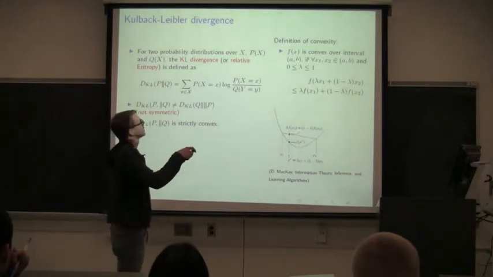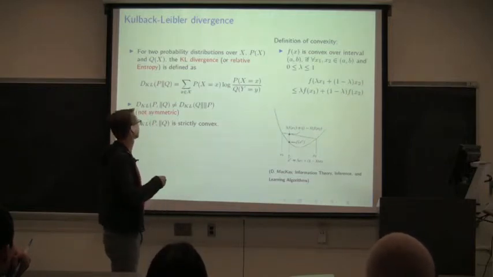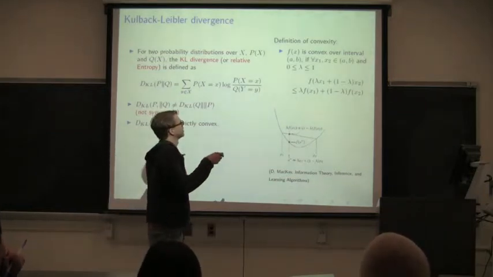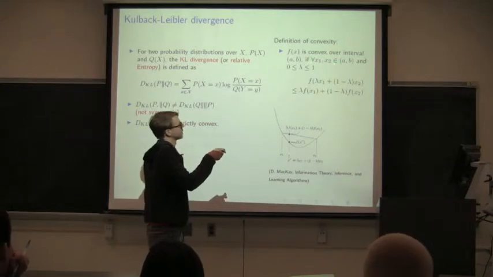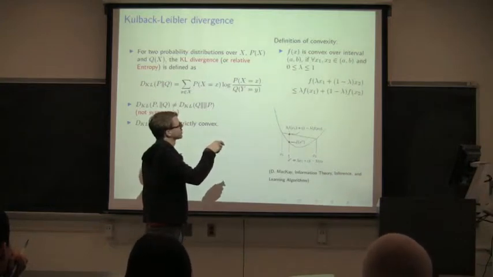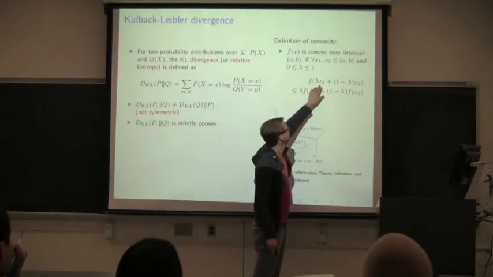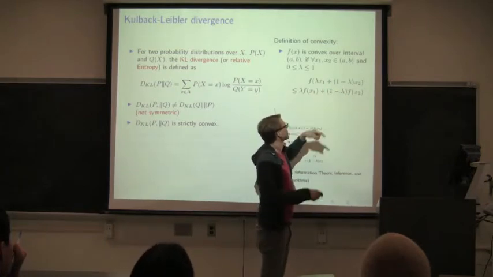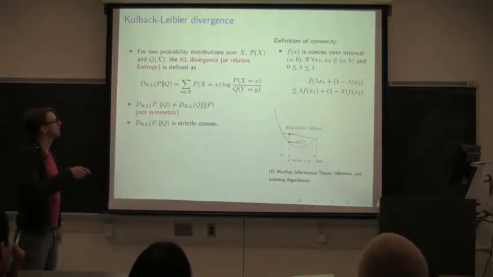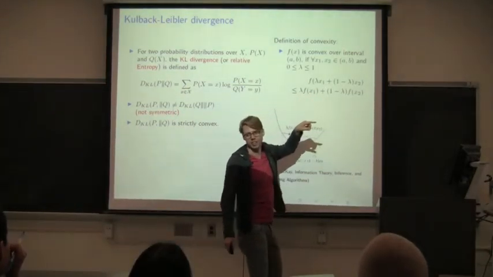A function is convex over an interval AB, and in this case the interval AB, I would say, is minus infinity to plus infinity, for example, if for every two values in that interval, and for a value of lambda between 0 and 1, the function of their weighted average, weighted by lambda, is smaller than the weighted average of the two functions.